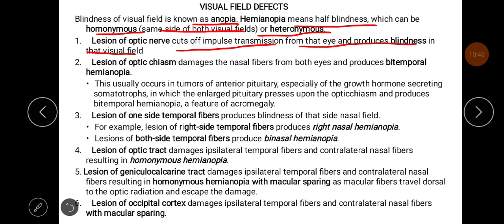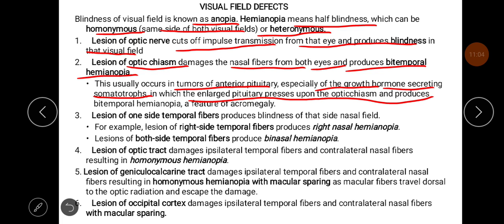A lesion in the optic chiasma damages the nasal fibers from both eyes and produces bitemporal hemianopia. This usually occurs with tumors of the anterior pituitary, especially growth hormone secreting somatotrophs, where the enlarged pituitary presses upon the optic chiasm and produces bitemporal hemianopia, a feature of acromegaly.